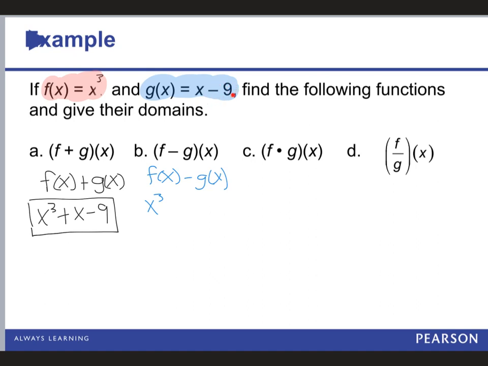And if we subtract a negative, it becomes a positive. So be very careful, because that's where you will make mistakes here. So we're going to write minus x, but it's going to be plus 9. And that's from minus 9 becoming the plus 9. So just make a note for yourself to be careful.